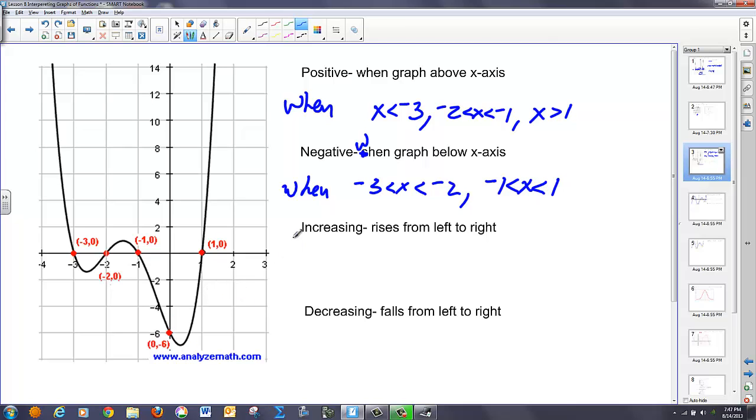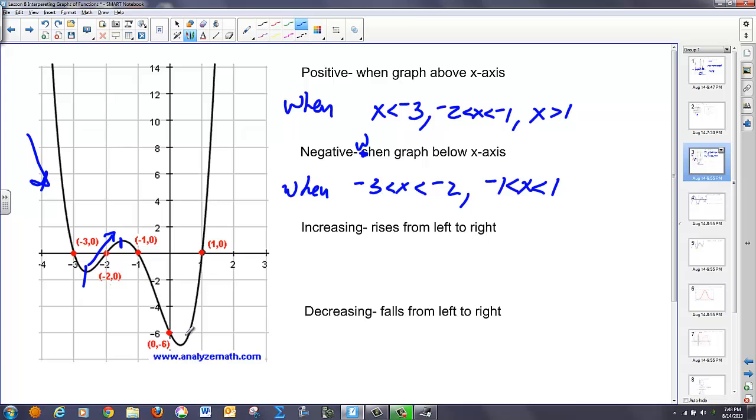Now, we say the graph increases as it rises from left to right. So let's start way left and put our pencil over here and follow the graph. Well, this graph is falling, so it's decreasing, and it decreases until about this point here. Then from this point up to this point, it increases.